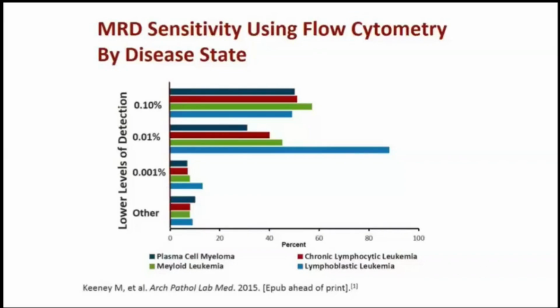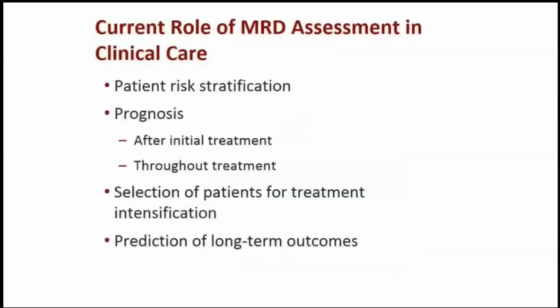Basically, the main reason is that the maturation pattern of precursor B lymphocytes is so well defined that you can easily identify the neoplastic clone from the normal population, and that's why ALL MRD gained significance. But now, as we are advancing, we have a well-established myeloma MRD also, CLL MRD also, and AML MRD also. Next.